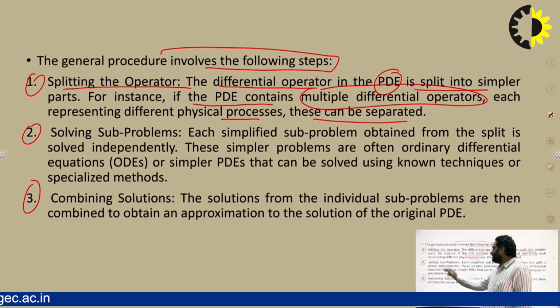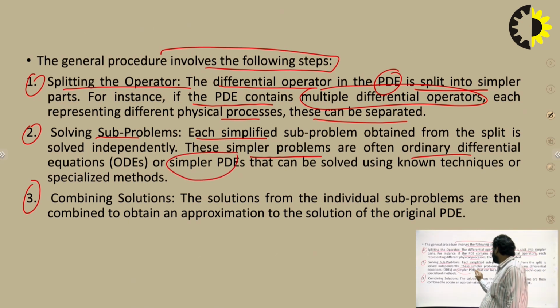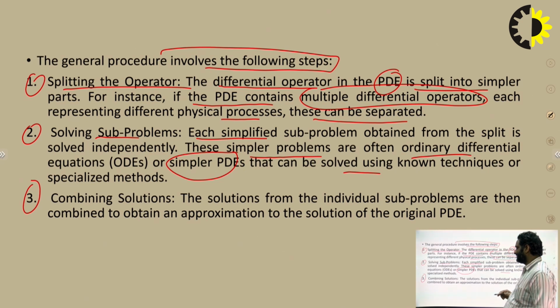In the second step, we have a number of simpler partial differential equations. Now we need to solve each one by one. Each simplified subproblem obtained from the split is solved independently. These simpler problems are often ordinary differential equations or simpler partial differential equations that can be solved using known techniques or specialized methods. This is our second step.